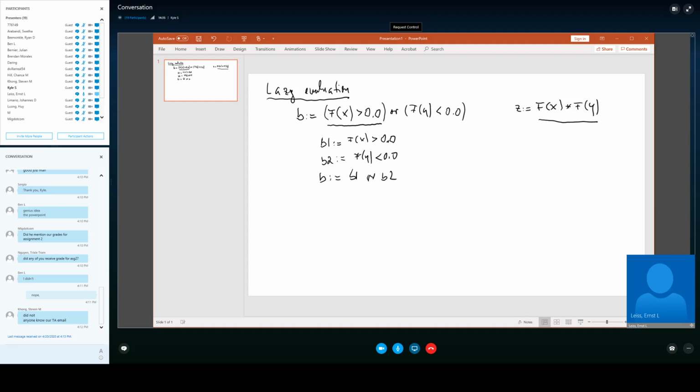In this case, even if your compiler were to do lazy evaluation, it would not be able to do that because you're basically requiring the compiler to compute b1 and then compute b2, and then b1 or b2 is going to be the value of b.